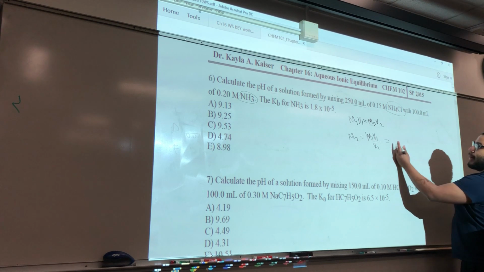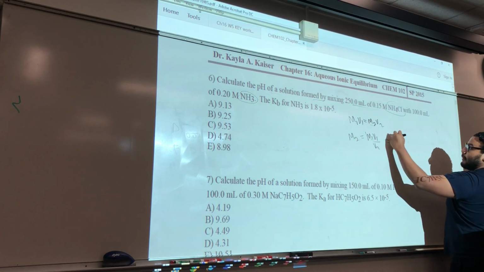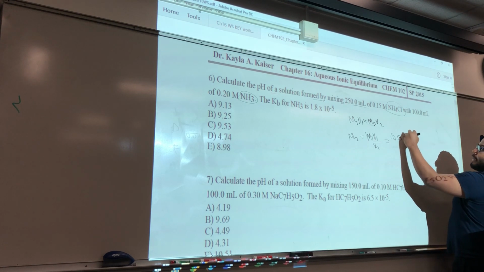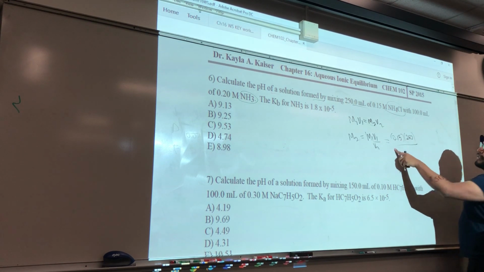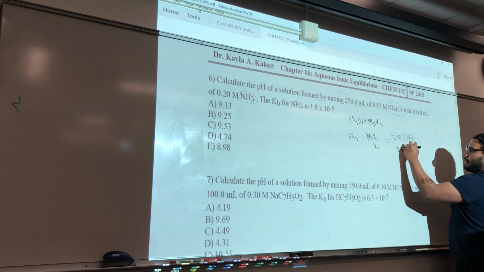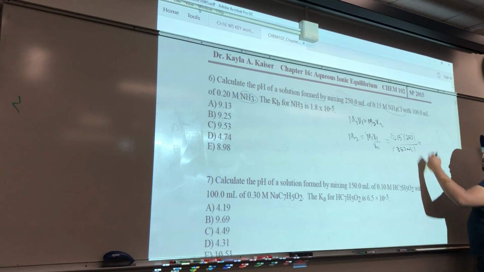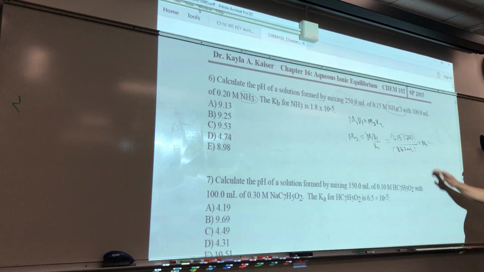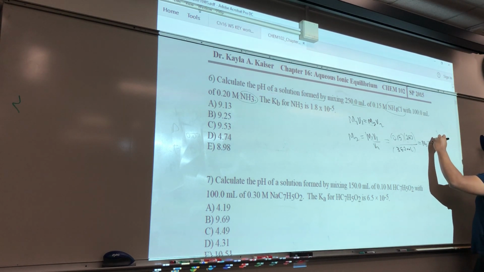M1V1 is M2V2. So our first molarity was 0.15. We're going to do V1, which was 250, dividing by V2, which is now 350. That should give you our M2 for the first one, which is for the NH4. It's 0.107 molar.